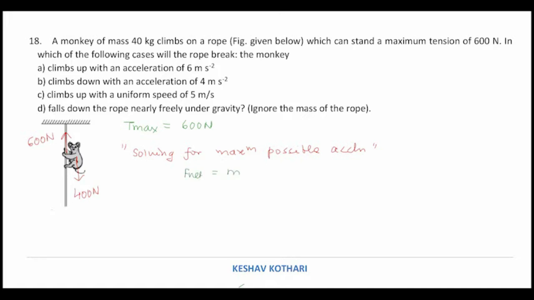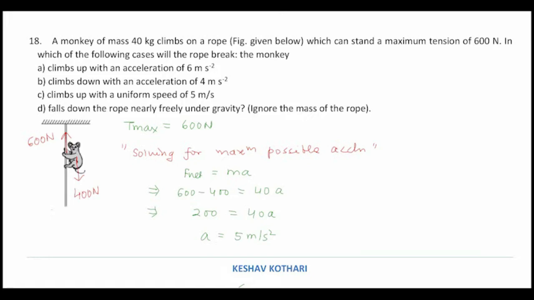So 600 minus 400 is equal to 40 into acceleration attained. So 200 is equal to 40a. So acceleration in the upward direction which is possible is 5 meter per second square. So 5 meter per second square is the maximum value of acceleration which it can attain while climbing up.